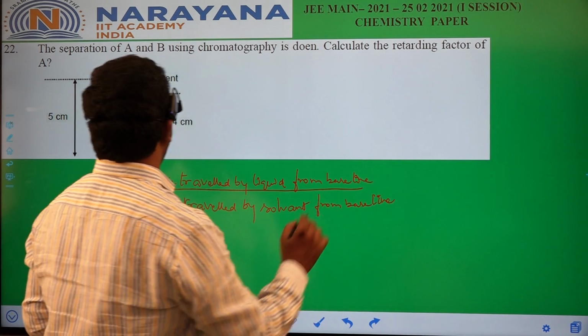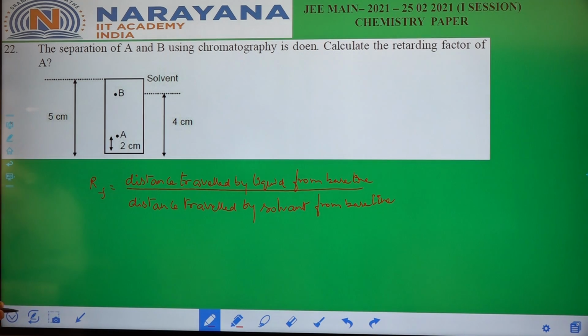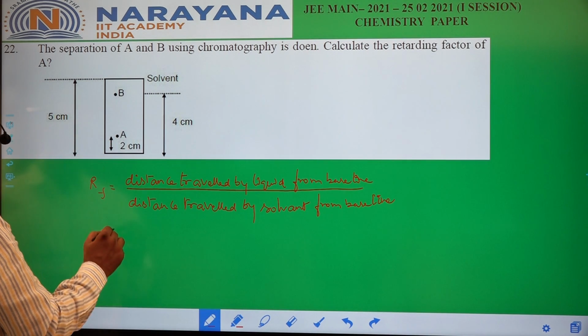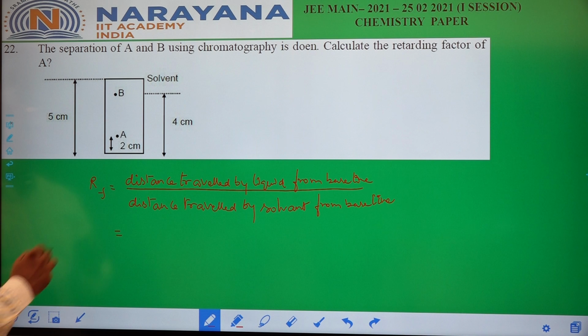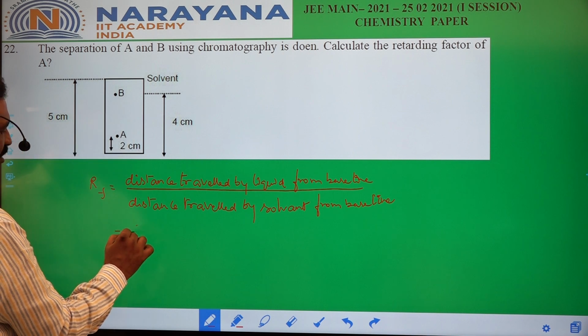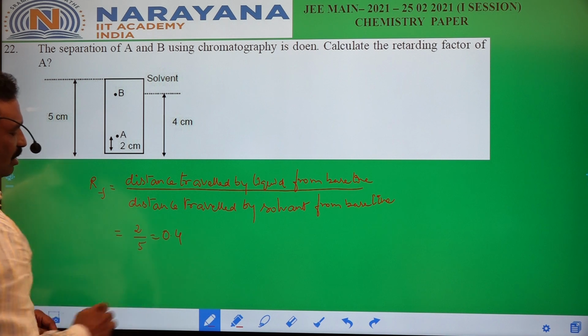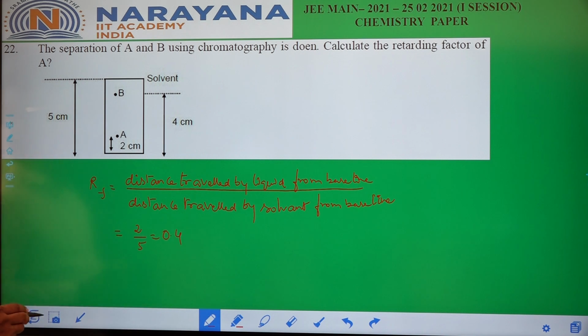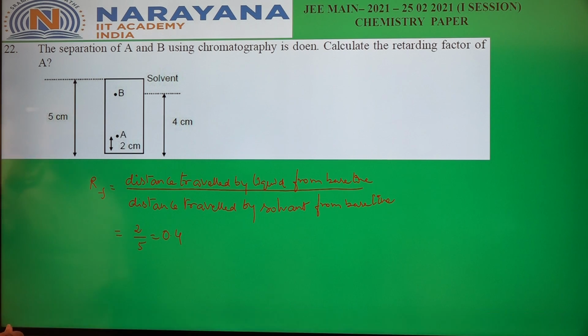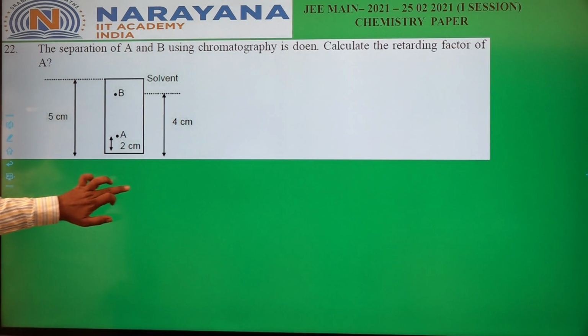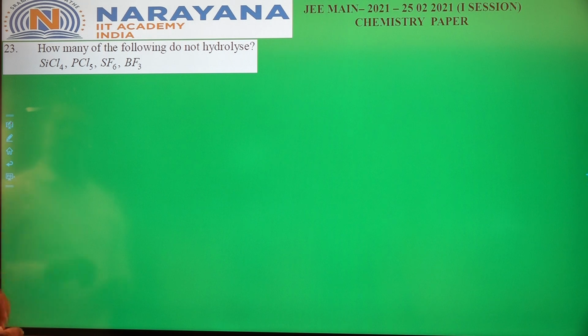This is Rf, the retardation factor. So from these given values, this is 2 by 5, so that is 0.4, the answer for this 22. Let me take the next question, 23.